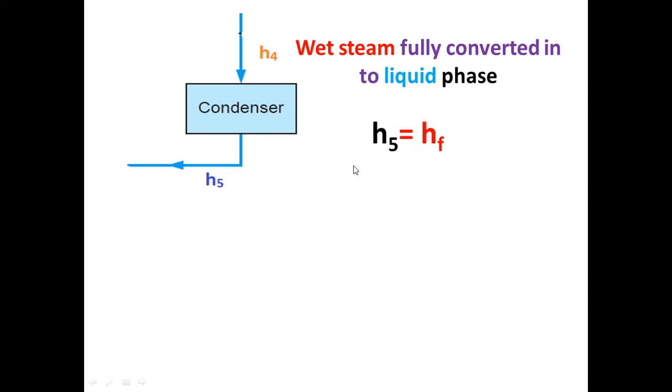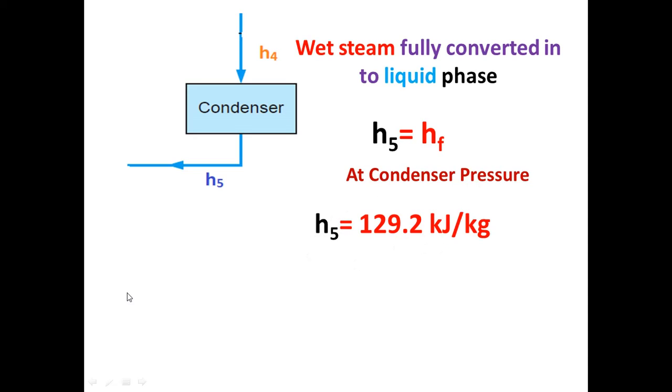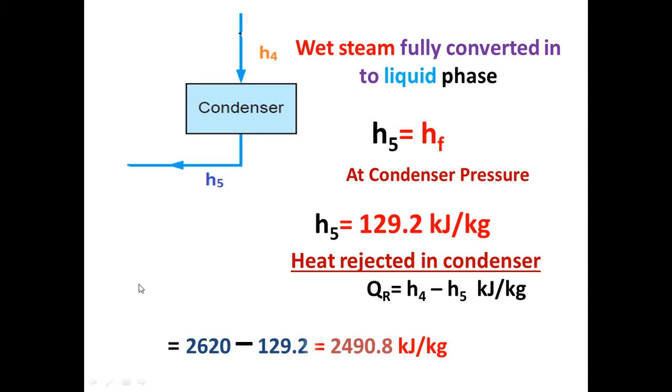Take this at the condenser pressure. H5 is equal to HF, you note down. This gives the heat rejected in the condenser.